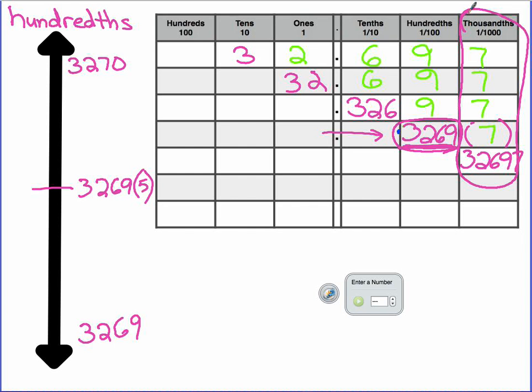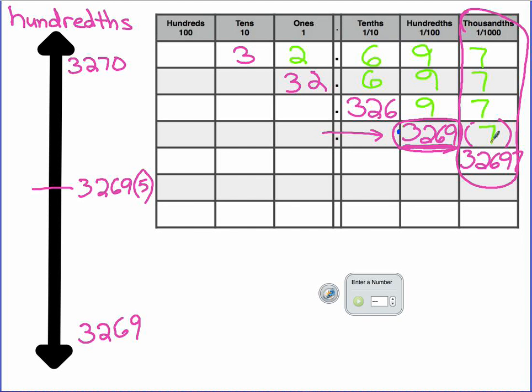Okay, eyeballs up here, not on your clothes. So if this place no longer matters, then it's going to disappear. That's why you have to either take the rest up and trade it, or it stays the same.